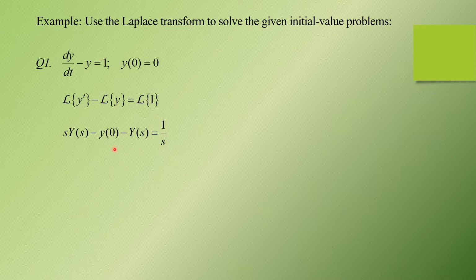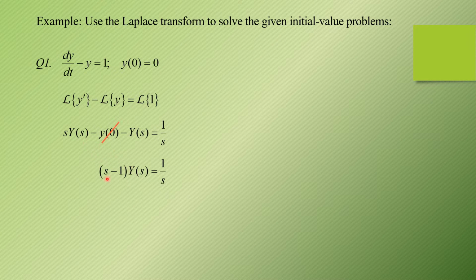So this equation has a term y(0). Now this is actually the initial condition given in the problem. y(0) is equal to 0. So that means this term goes to 0. So what is left is the following: s Y(s) minus Y(s). These two terms have a common factor Y(s), so let us factor out the Y(s).